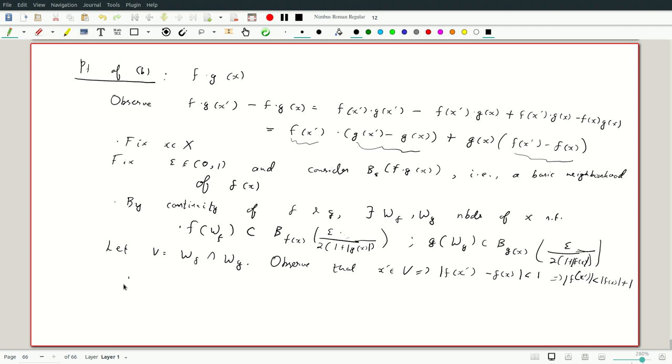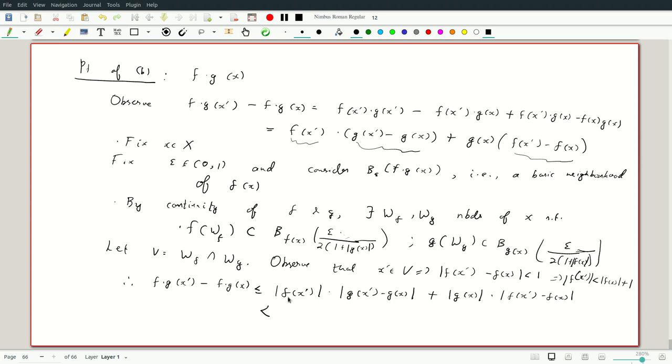Okay. So therefore, f times g of x prime minus f times g of x is less than or equal to, using these equations, mod of f of x prime times mod of g of x prime minus g of x, which is a quantity that's small, plus mod of g of x, which we have controlled, times mod of f of x prime minus f of x.